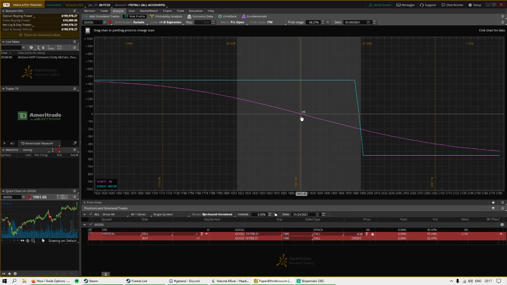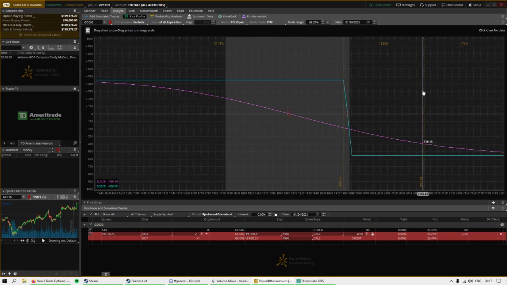The stock's right here, and these are percentage points, so just probability points. So let me just move these all to one spot. So my probability of getting the max value is actually almost 82%. The probability of losing money is 16.75%.